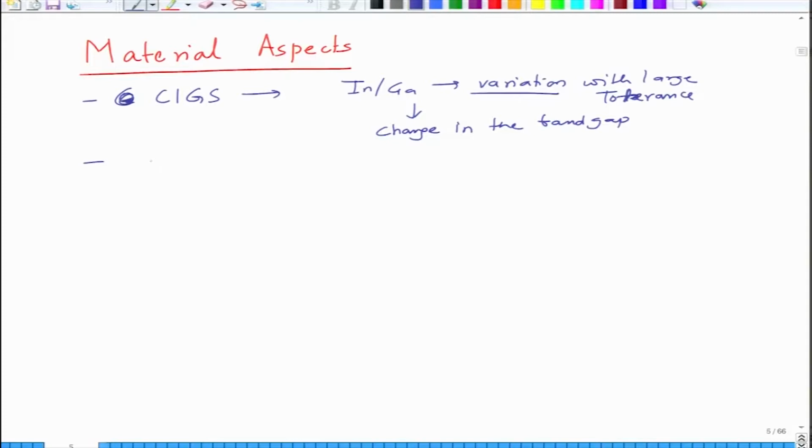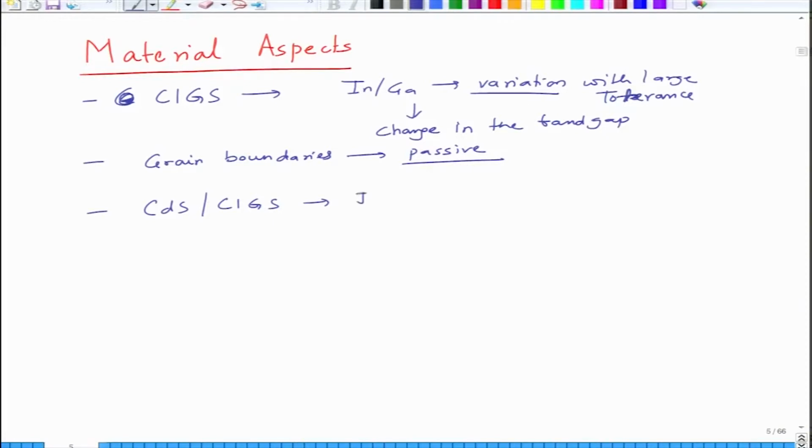Also in CIGS, these are polycrystalline films most of the times, grain boundaries are generally passive. So as a result, they don't lead to too much of damage to the device. So you can use smaller grain sizes because the grain boundaries do not deteriorate the performance because of their passive nature. And generally the junction between CdS and CIGS is pretty good.